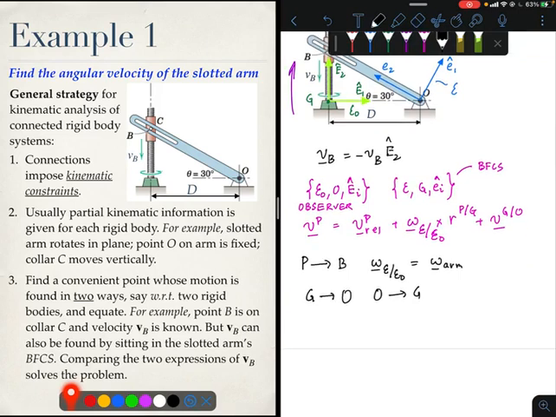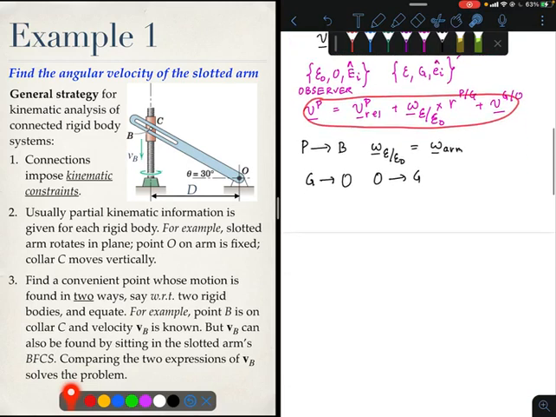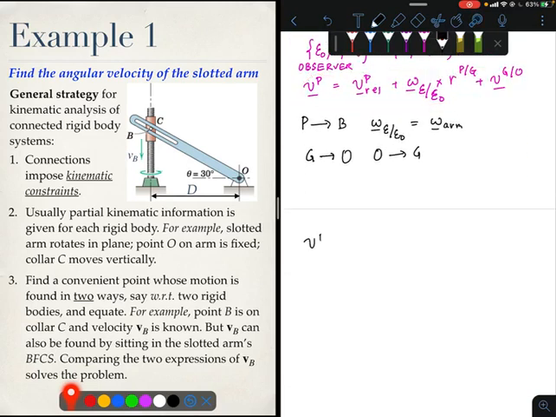So with these identifications, let's go ahead and write down this formula as applicable to this picture. Okay. So VB will be VB rel plus omega arm cross RP with respect to O plus VO with respect to G. G and O have been swapped.